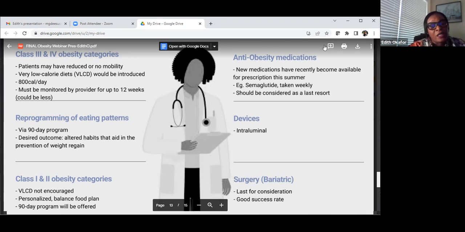And so in this class, we tend to create a food plan based on the foods you eat, because everything about obesity is about knowing everything that gets into your mouth and then restructuring it so that it suits you and you can go along with it without defaulting, okay?